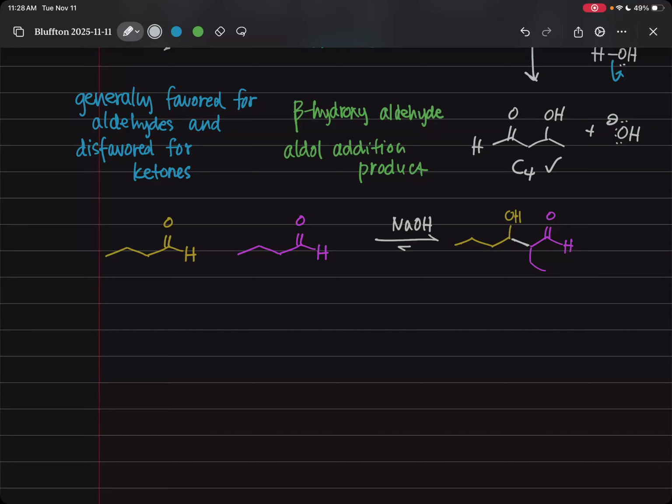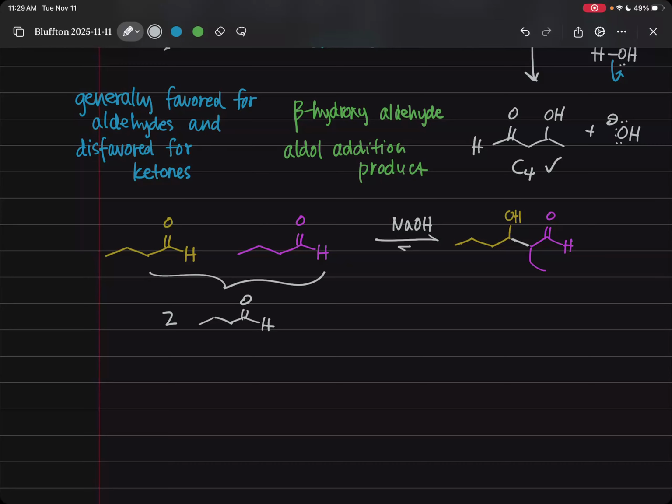One of them becomes, the oxygen becomes an alcohol, and the other, the carbonyl functional group stays the same. Usually, though, we just end up writing that we have two equivalents of our aldehyde starting material.